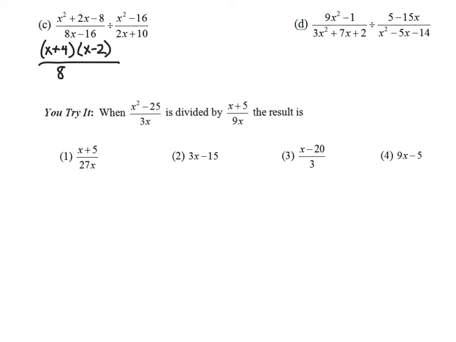The denominator 8 times x minus 2. I'm going to change to multiply and take the reciprocal of the second fraction. So that moves the 2x plus 10 to the numerator, so let's factor that into 2 times x plus 5. And the denominator x squared minus 16 would factor into x plus 4 times x minus 4.